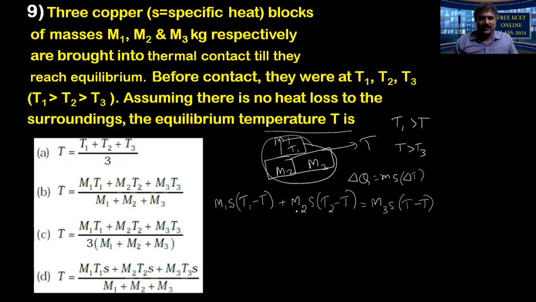So now s cancels through. So what happens is M1 (T1 minus T) plus M2 (T2 minus T) on the LHS. Then from RHS, M3 (T minus T3), since T3 is less and T is more.